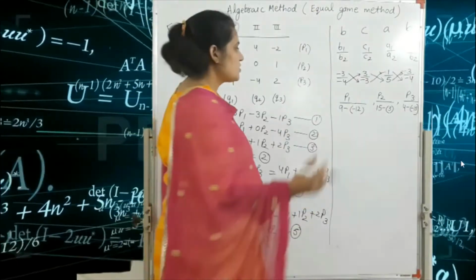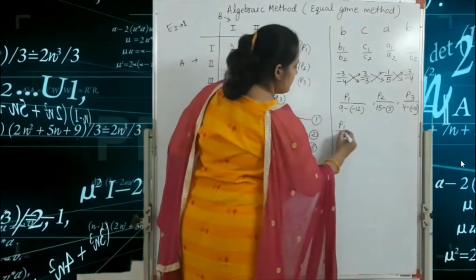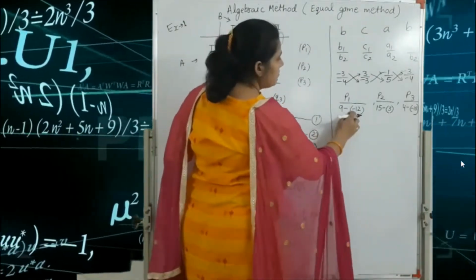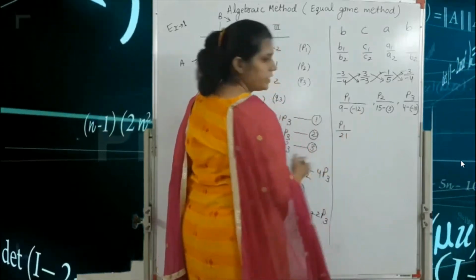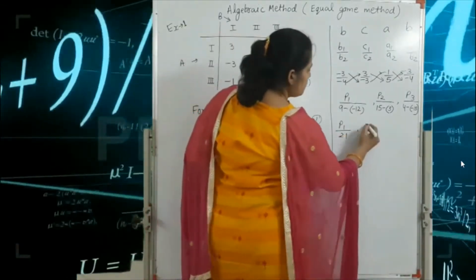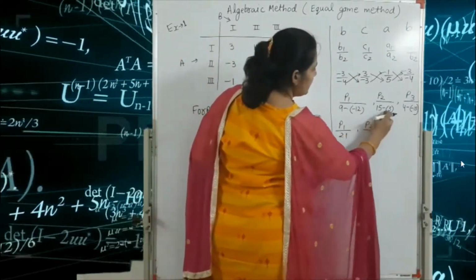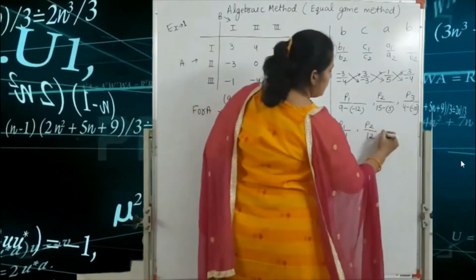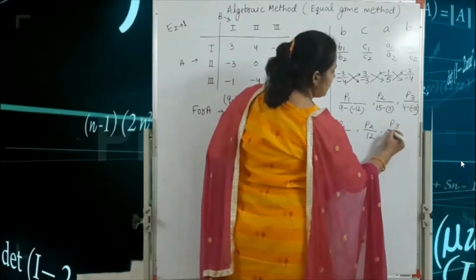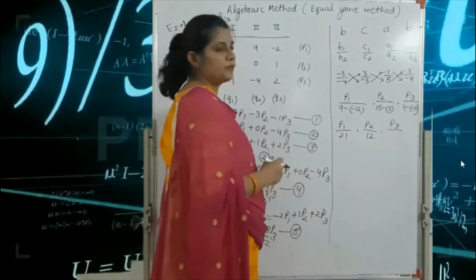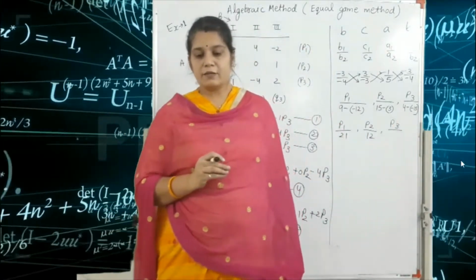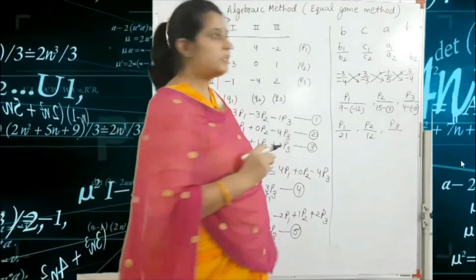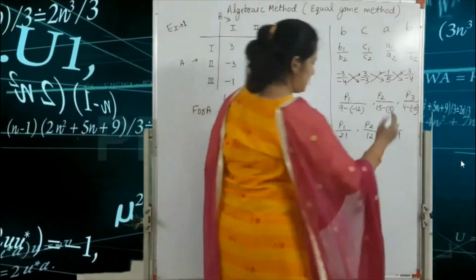Okay, so here solve this step in a simple form. So 9 plus 12, that means 21. P2 divided by 15 minus 3, that means 12. Okay, and P3 divided by, minus minus plus, that means 15 plus 4 is equal to what? Is equal to 19. Okay, so we write here the 19.